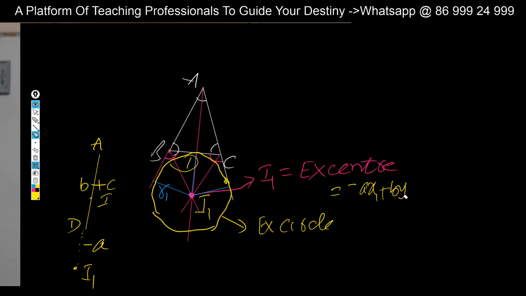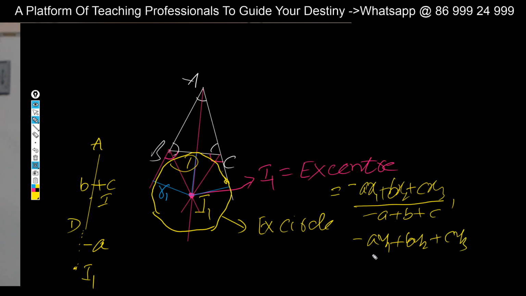Minus AX1 plus BX2 plus CX3 divided by minus A plus B plus C, comma, minus AY1 plus BY2 plus CY3 divided by minus A plus B plus C. This is nothing but the excenter I1 formula, and this is called the excircle.